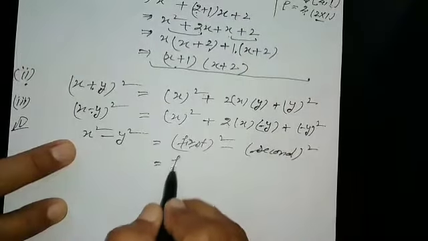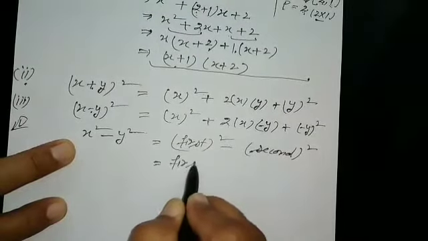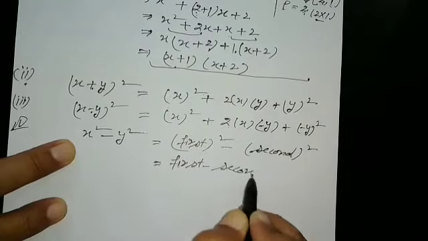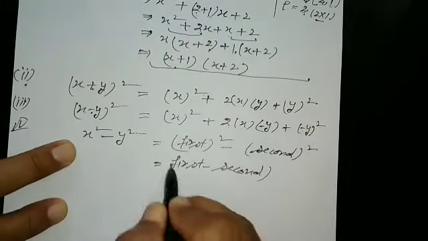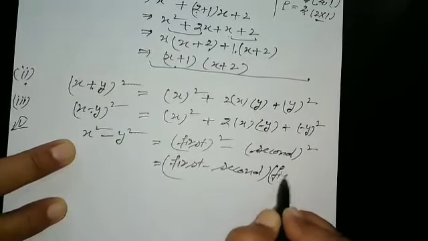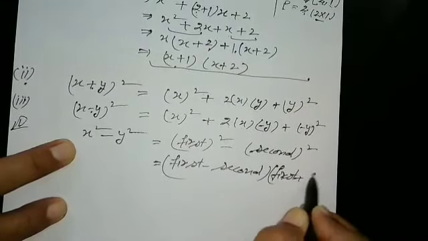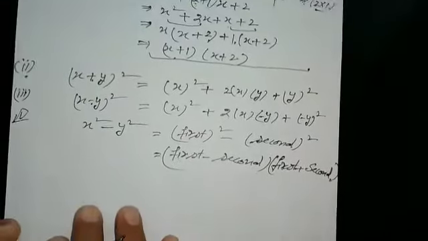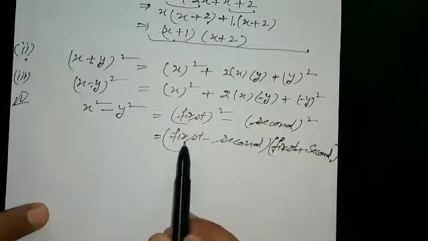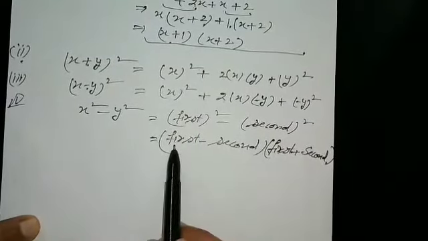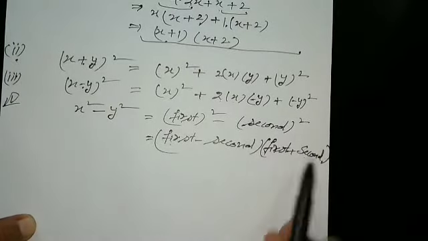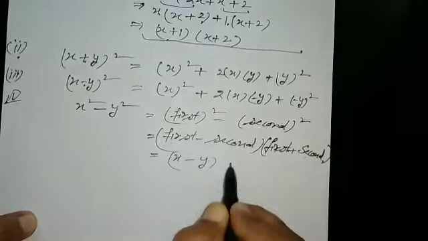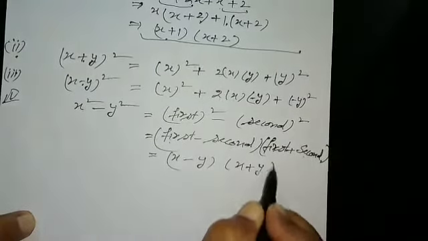You will get first minus second and first plus second, right? So you can remember as first minus second, first plus second, and you will get these two factors, x minus y, x plus y.